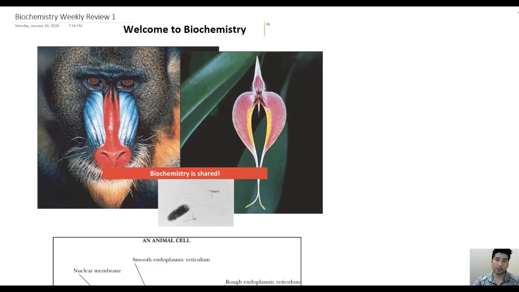In Bio 1, you learned about glycolysis and the TCA cycle and a bunch of other stuff. Well, the way that it happens in the monkey is the way that it happens in this flower. I'm pretty sure I'm butchering some of the terminology here, but that's the main idea. If it happens within the monkey, it happens within the flower because they're both eukaryotes.